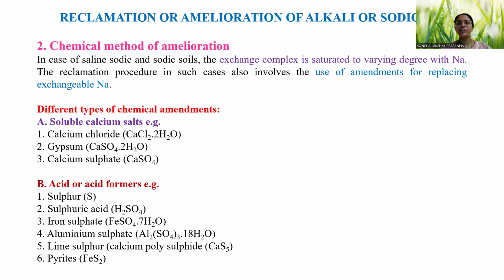Next is the chemical amelioration. Chemical amelioration uses various chemical amendments like soluble calcium salts such as calcium chloride, gypsum and calcium sulfate, and acids and acid formers, which include sulfur, sulfuric acid, iron sulfate, aluminium sulfate, lime sulfur and pyrites.